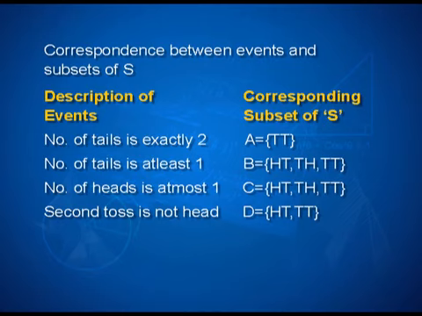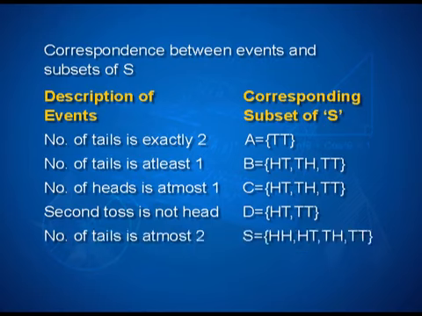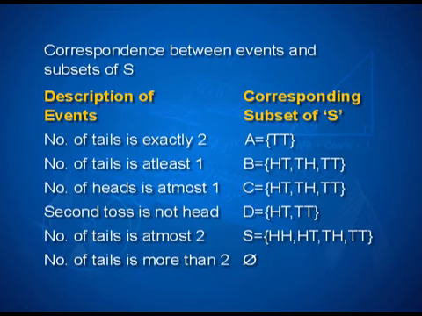Second toss is not head, so the corresponding subset is D = {HT, TT}. Number of tails is at most 2: S = {HH, HT, TH, TT}. Number of tails is more than 2 is obviously phi, an empty set.